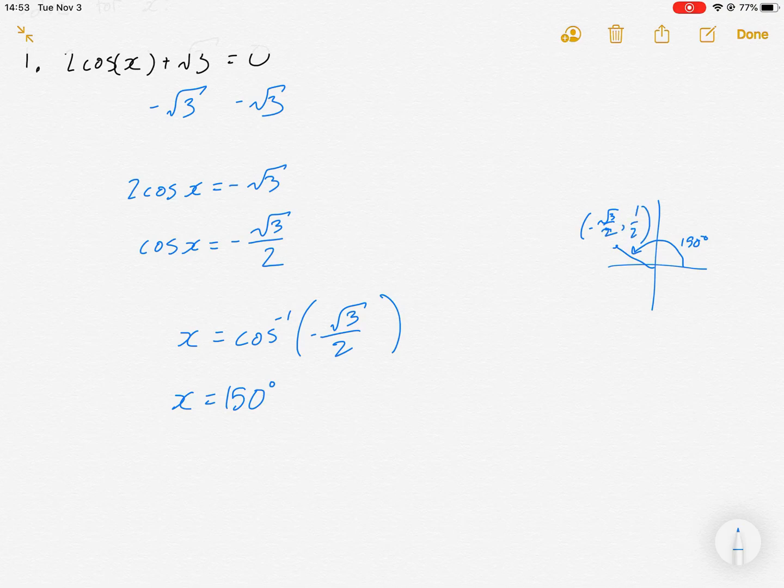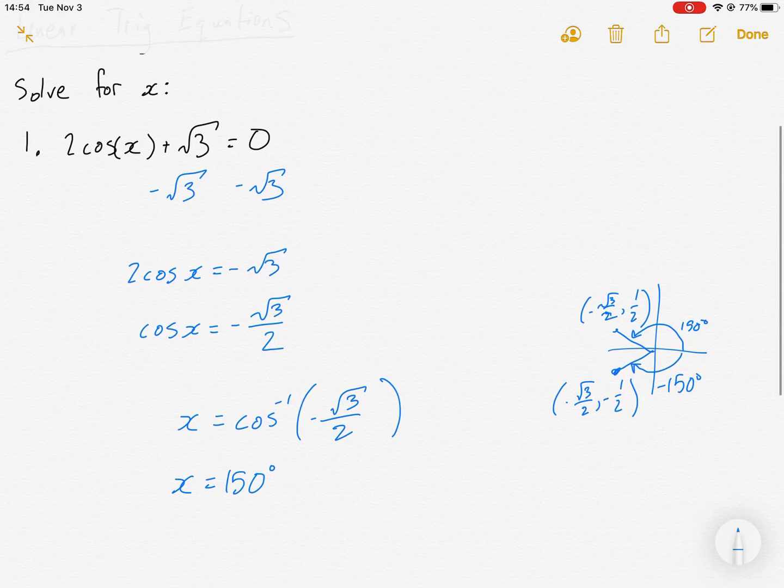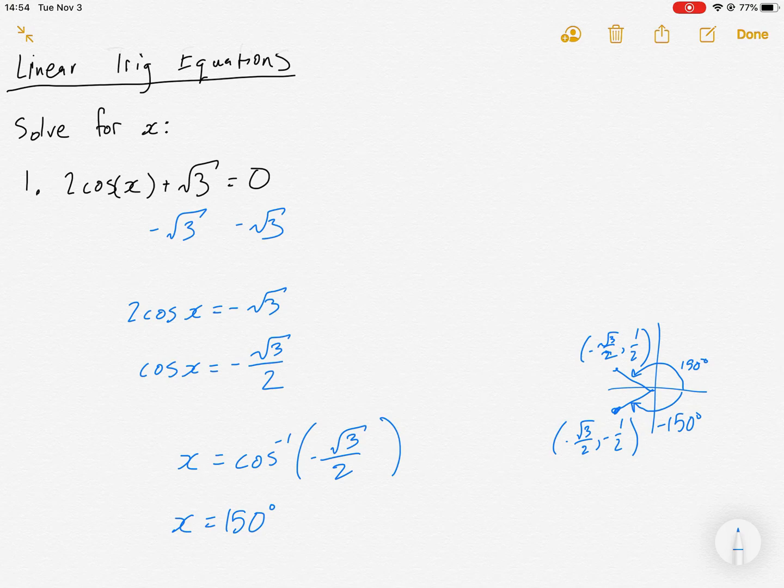Now this is going back to inverses, which we looked at a few days ago. And you might remember that there's also a point over here that works, negative root 3 over 2, negative 1/2. This one is at negative 150 degrees. So I'm going to change my statement up here just a little bit.